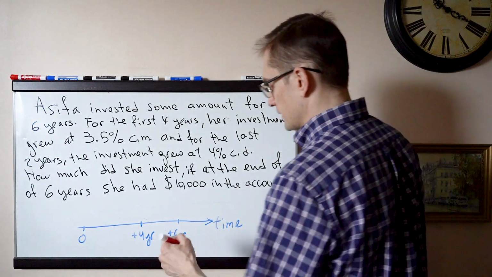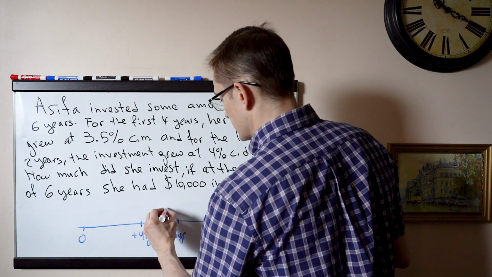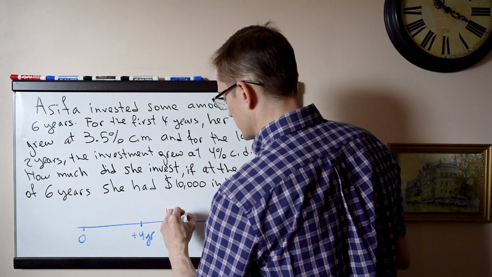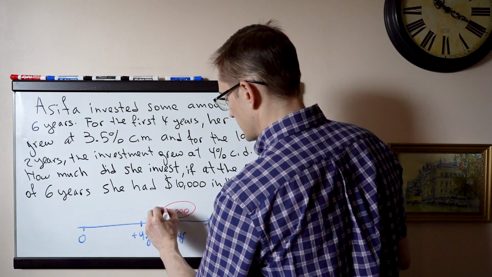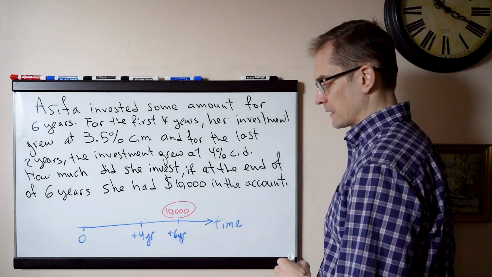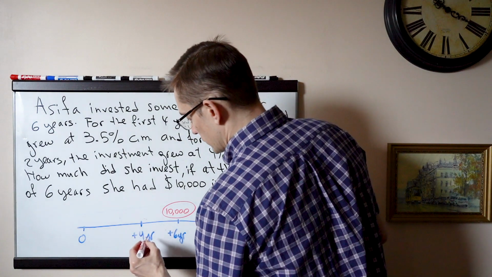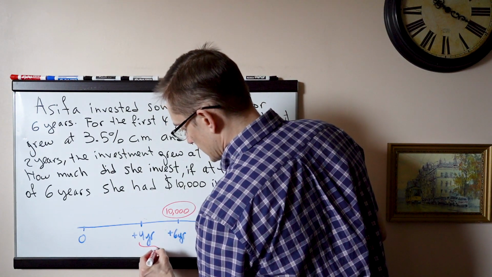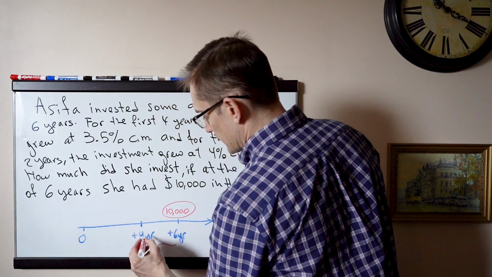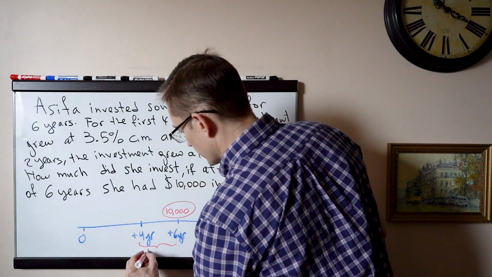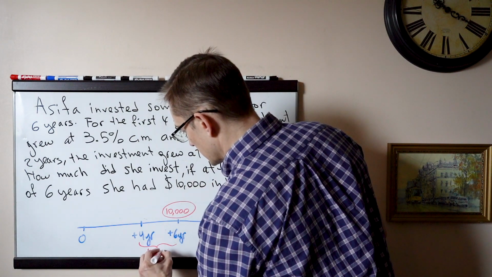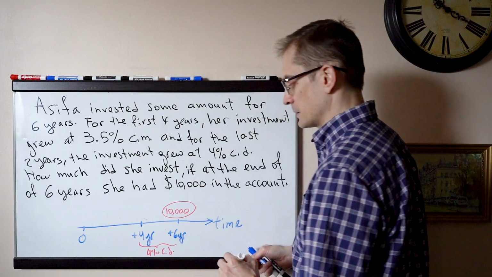Well, we know that at the end of 6 years, it is $10,000 that is coming. Another important thing to realize is that in the second part of the period, we have 4% compounded daily.